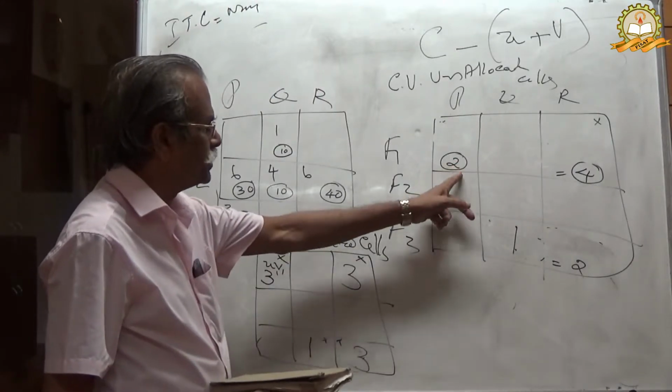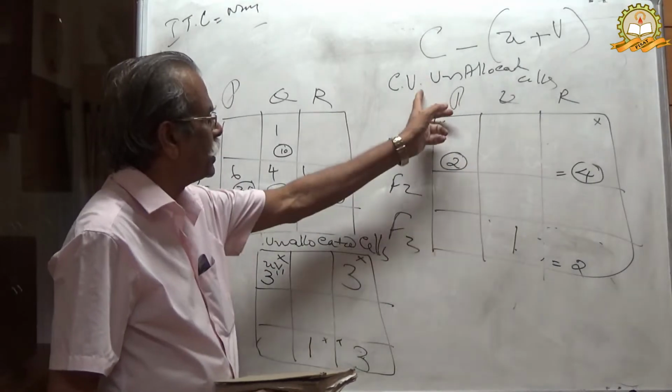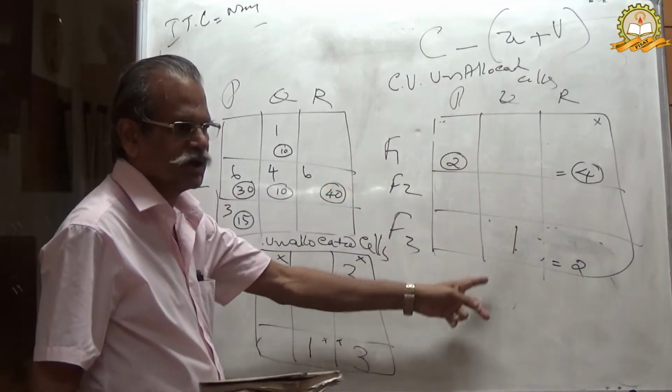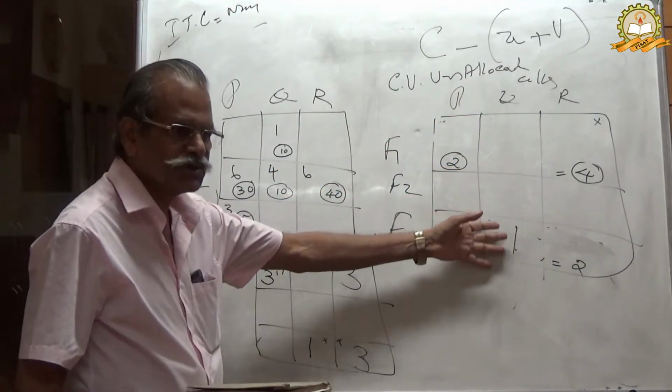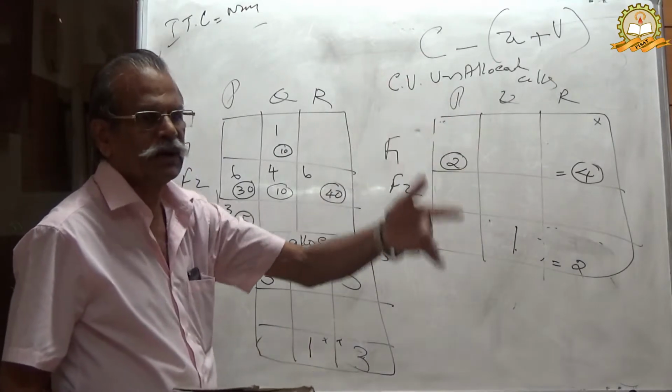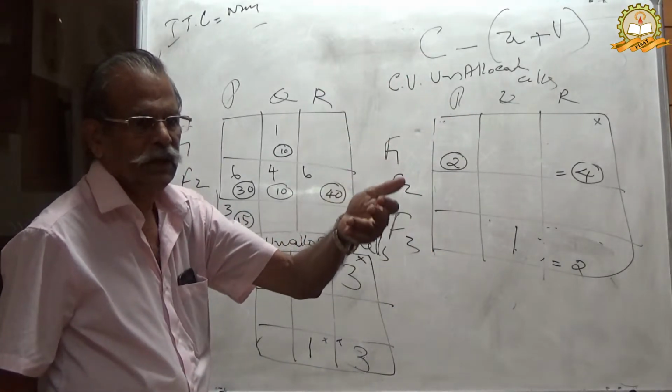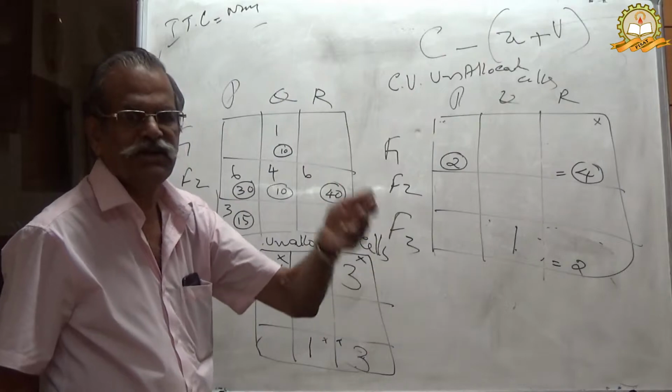If all the cell values of the unallocated cells on testing are found to be positive, then you can say the optimality test is satisfied.